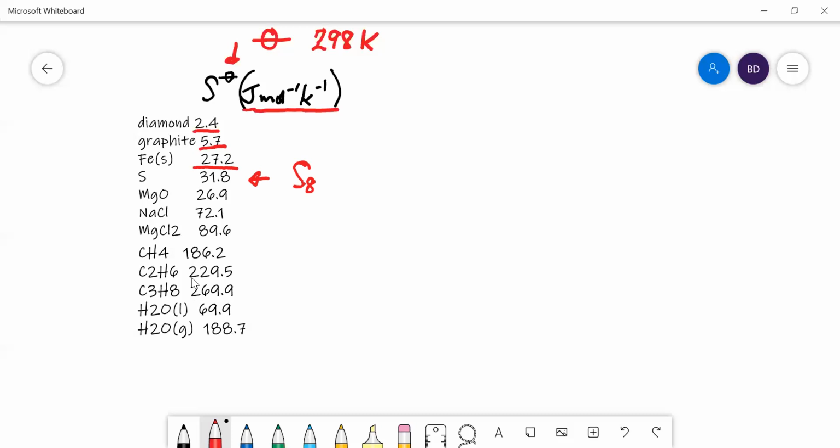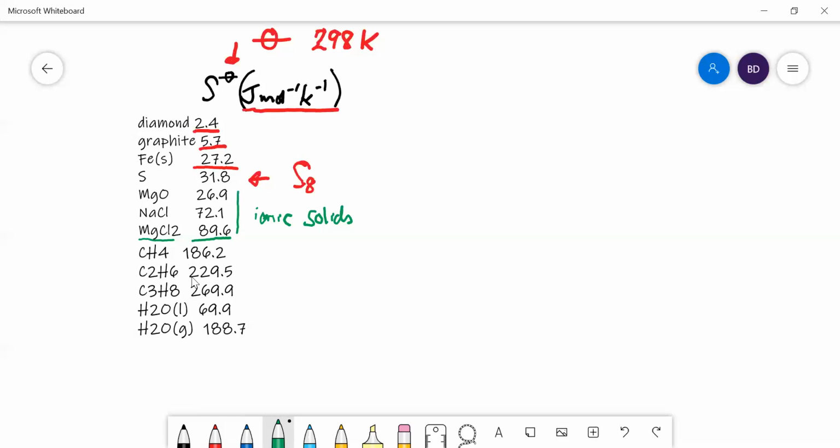Magnesium oxide, sodium chloride and magnesium chloride are all ionic solids, so not surprisingly they're all on the low side. Magnesium oxide is the lowest. Magnesium chloride is higher than sodium chloride, probably because there are 2 chloride ions for every magnesium, so there are more ions in a mole of magnesium chloride, more possibilities for arrangements of energy and particles, and so more entropy.